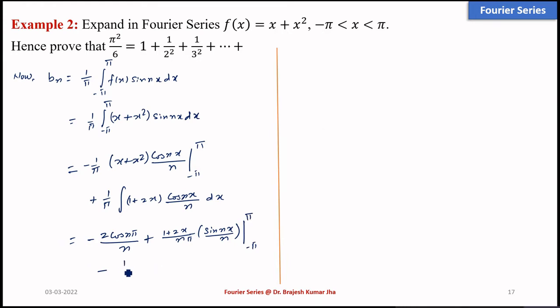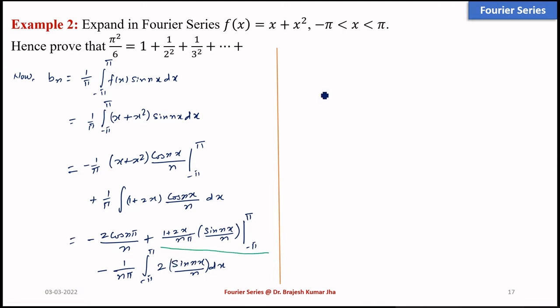This will be minus 1 upon pi, and integration from minus pi to plus pi, derivative of 1 plus 2x, so it is 2, and integration of cos nx is going to be sin nx by n dx. So what we got earlier, this term is going to be 0 again. For this, it is going to be 0.